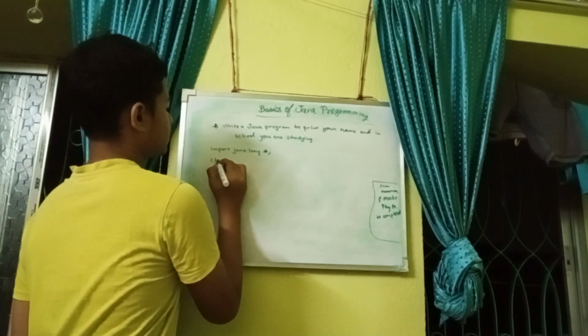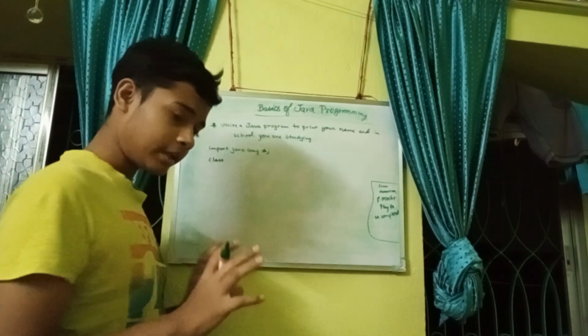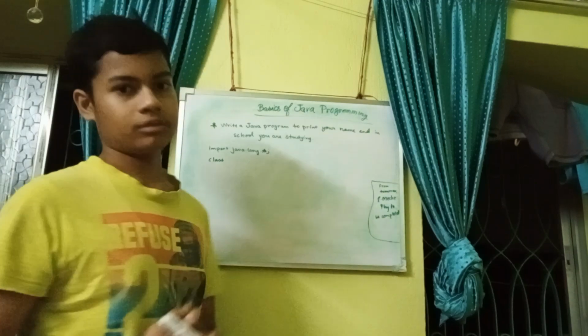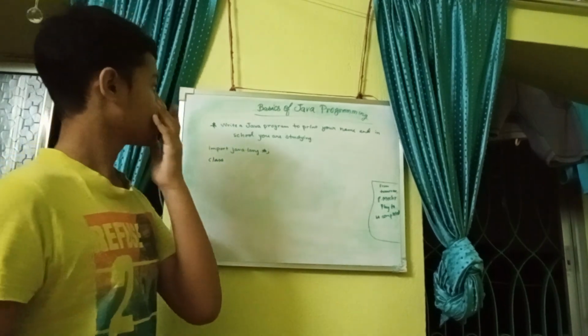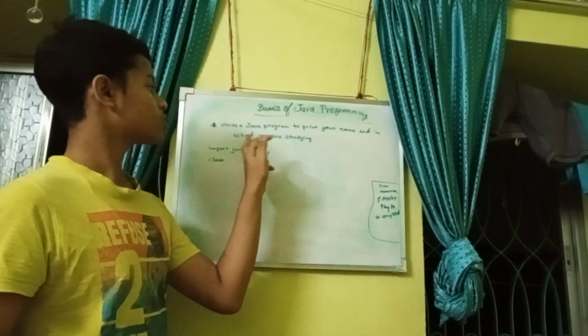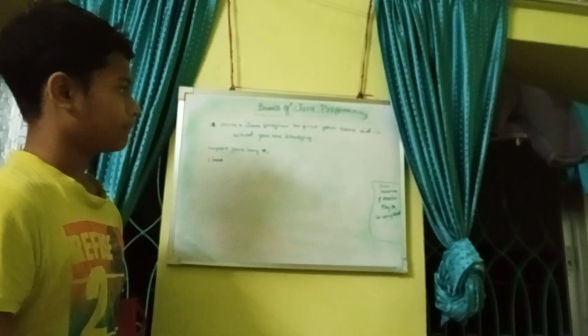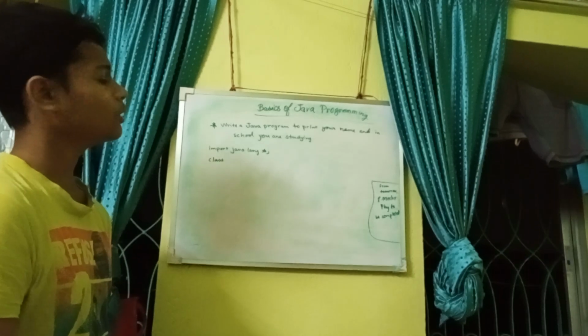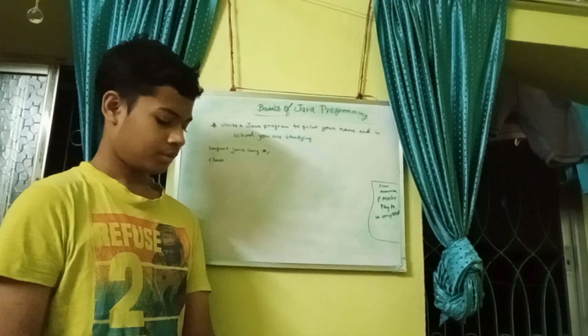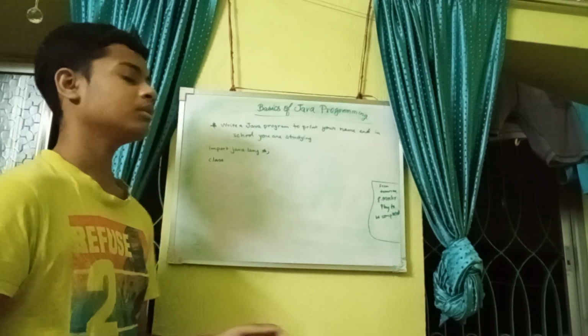In the class, you have to write the topic about which you are doing the work, that is, the name and school you are studying in. So for printing your name and school, you have to give a reasonable class name.